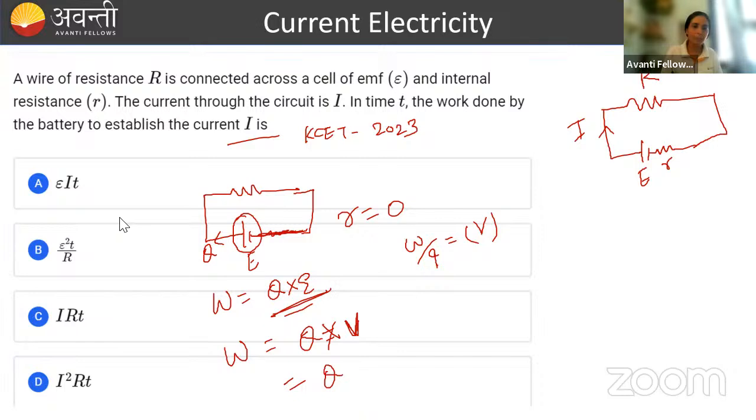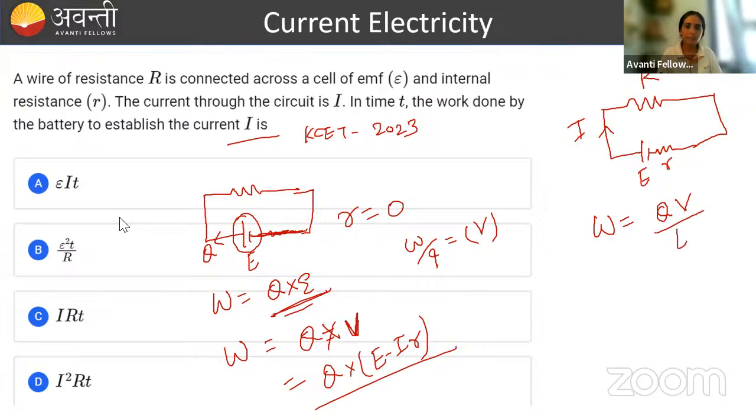So here work done becomes Q into (E minus Ir), which is Q into V. So here also you will write work done as Q into V, in terms of potential difference. चलो. So if I divide it by time and multiply it with time, then it will become IV. And the V value is not given in the question, right?